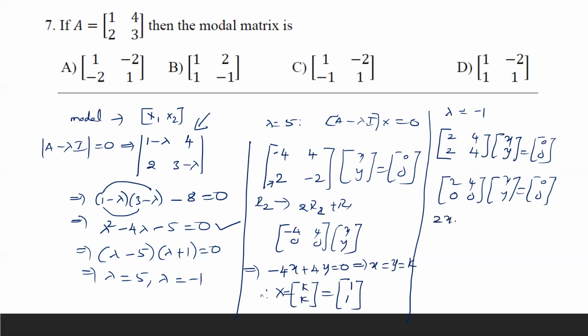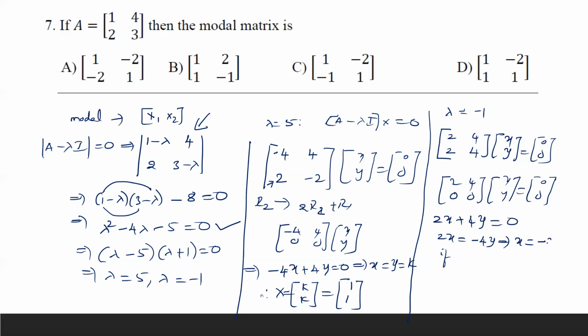So the equation which you'll get from here is 2x plus 4y is equal to 0. And you can write it like this, you see, 2x is equal to minus 4y. And if you take y is equal to k, or else you can also write it like this, x is equal to, you can divide both sides by 2.